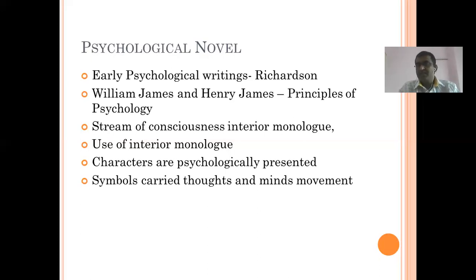William James and Henry James in the Victorian era brought a book called Principles of Psychology. In the psychological novel, the human mind became the subject, the heated topic for discussion among researchers.